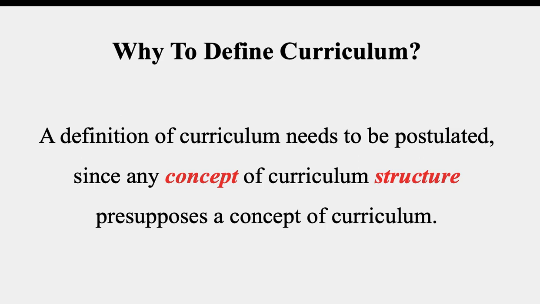If you want to understand the structure of any curriculum, we need to understand first of all what its definition is. How do we define it? What do I mean by the structure of curriculum? It means that with the definition of curriculum, I can imagine how that curriculum is going to look.